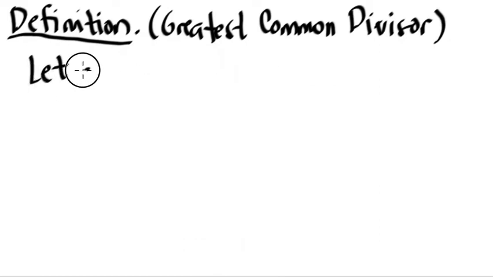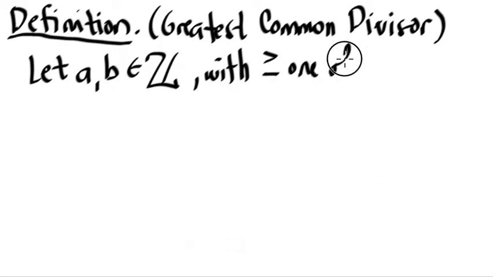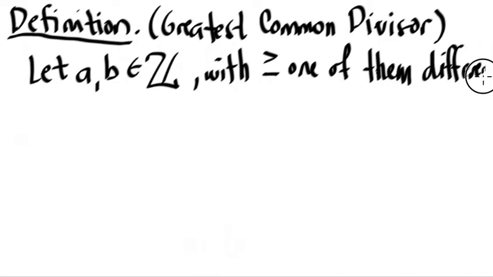Let a and b be given integers with at least one of them different from zero.